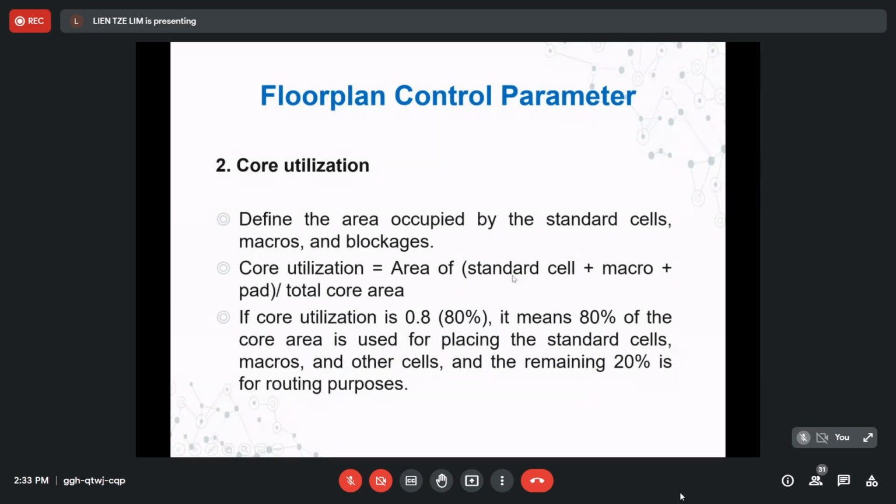When we estimate the area, we want to make sure that the area that we estimate should be occupied with cells and blocks. We don't want to waste the area.